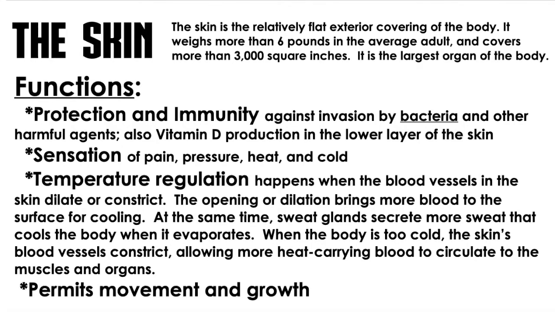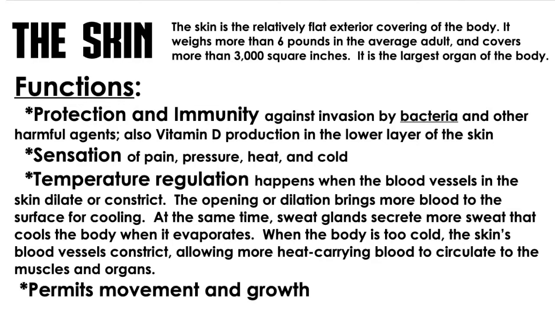It's going to be that first line of defense, of protection and immunity, that will protect the inside of our body from viruses, bacteria, and any microscopic organisms. It also produces vitamin D, which helps with the immune system. Now, we also have some different accessory organs that provide sensation, whether that sensation is pressure, pain, hot or cold.